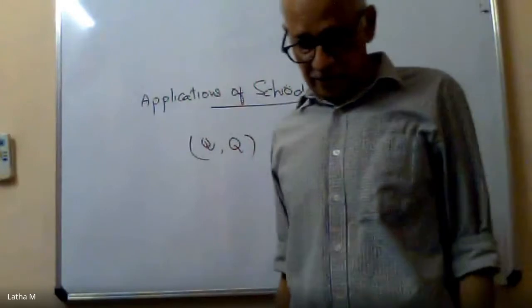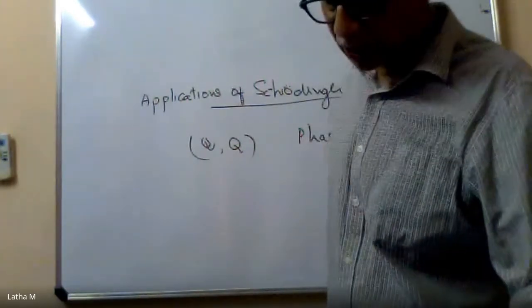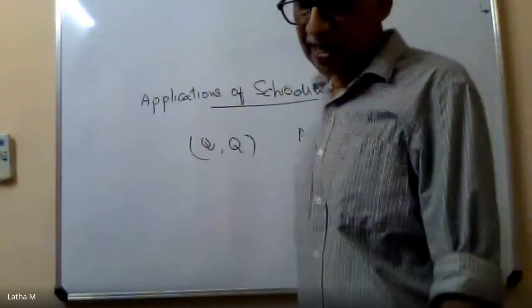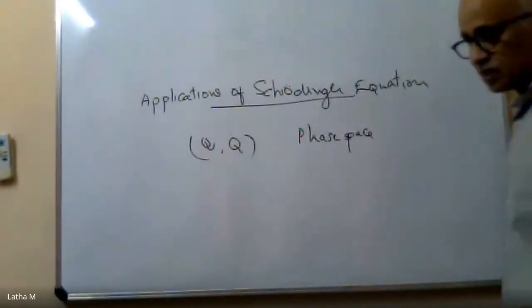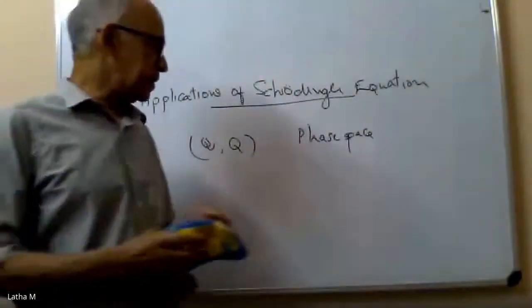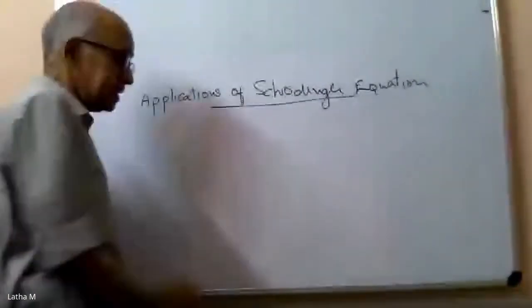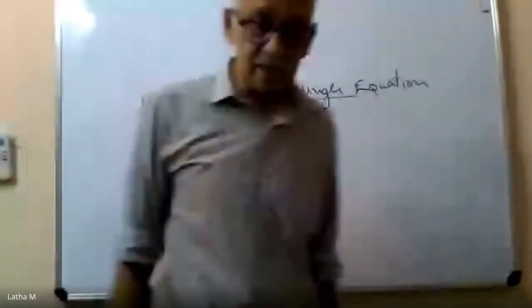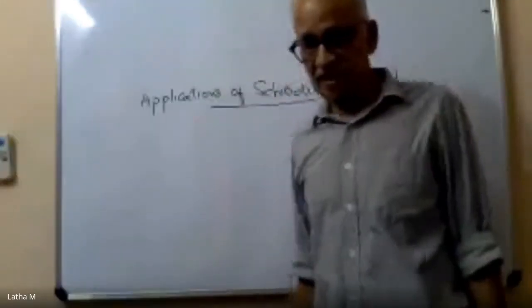When coming to the microscopic world, that is quantum mechanics, we cannot use q and q dot as the state. This point in phase space is called the state in classical mechanics.